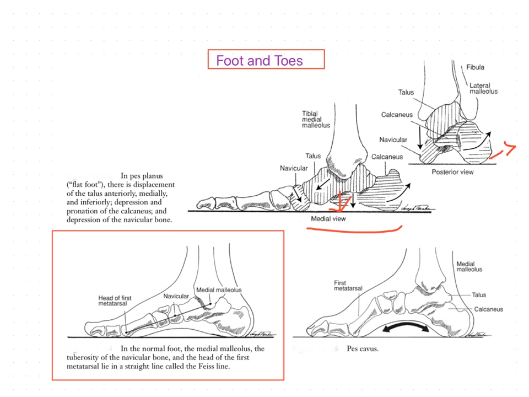Calcaneal eversion of 5 to 10 degrees is normal in toddlers, but by 7 years of age, no calcaneal eversion should be present. Flat foot, which is characterized by a reduced or absent medial arch, may be either rigid or flexible. A rigid flat foot is a structural deformity that may be hereditary.